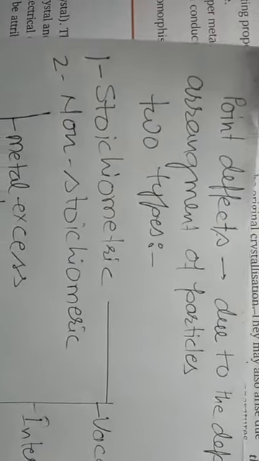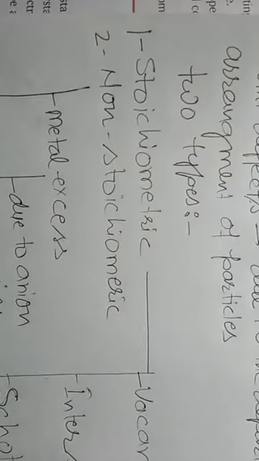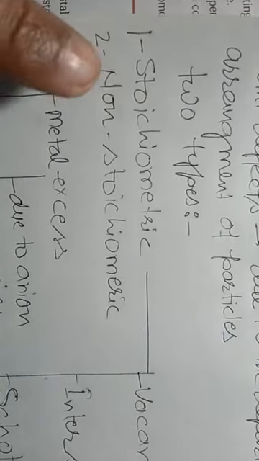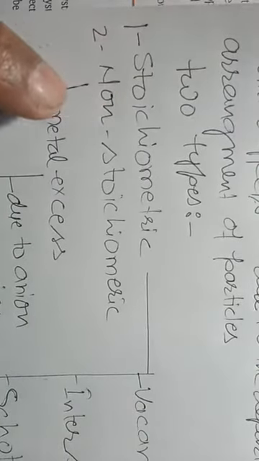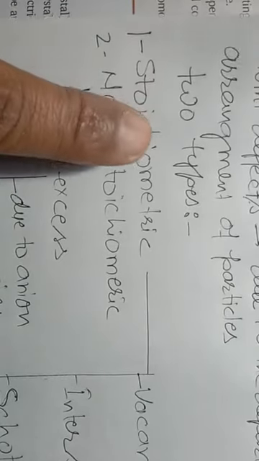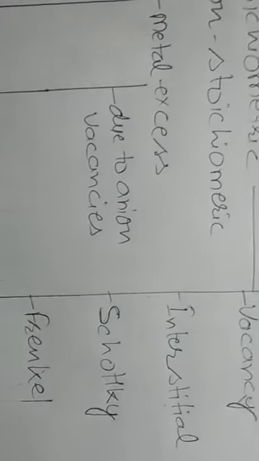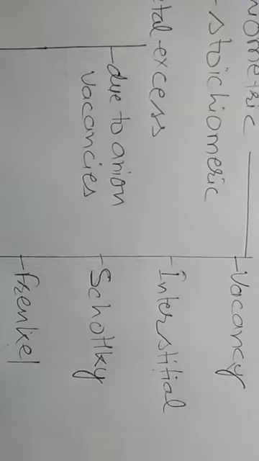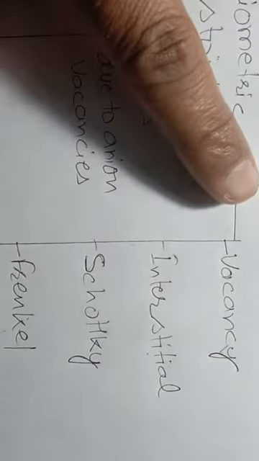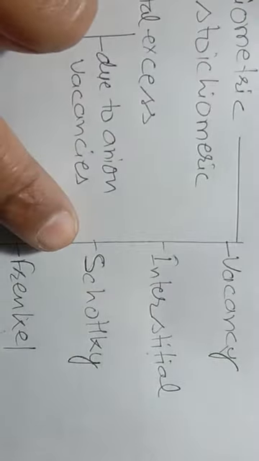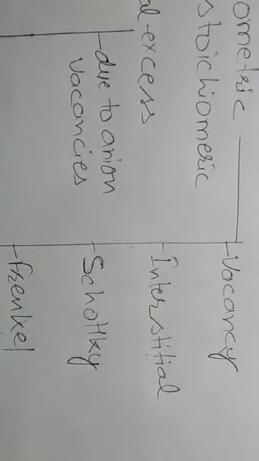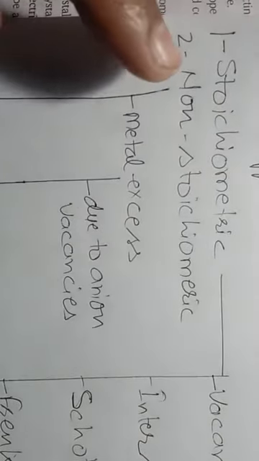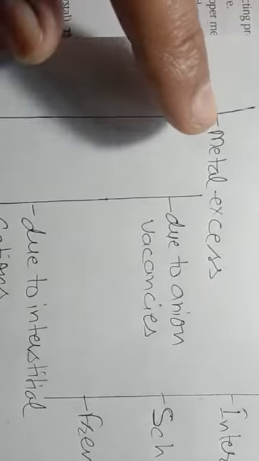Okay, students, so again I am repeating this classification of point defect. Point defects are classified under two headings: stoichiometric and non-stoichiometric. Stoichiometric point defects are further classified into four different types: vacancy, interstitial, Schottky, and Frenkel. Whereas non-stoichiometric point defects are classified under two headings: metal excess and metal deficiency defects.